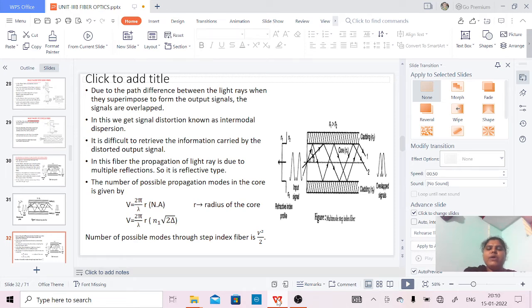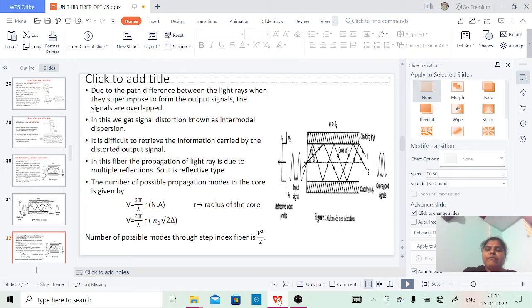The overlapping concept arises because, as we already said, there is a path difference between the light rays. When they are superimposed to form the output signals, the signals are overlapped. That means there is a cross connection, crosstalk. In this we get signal distortion known as intermodal dispersion. That means the signals are disturbing.